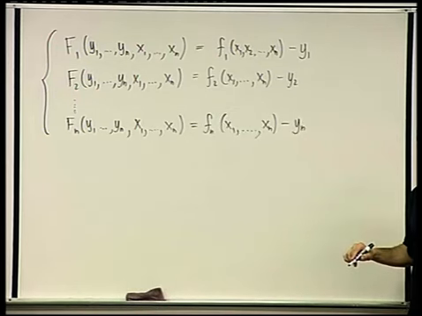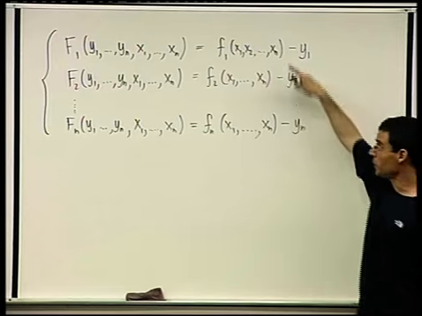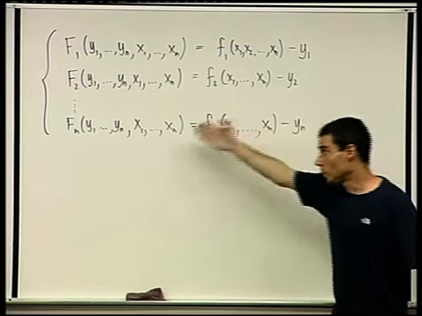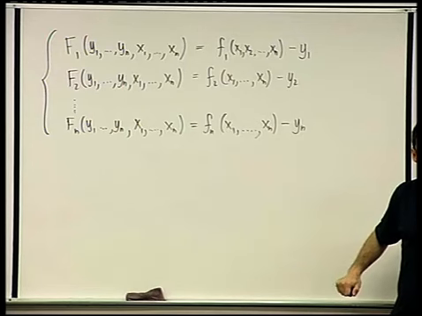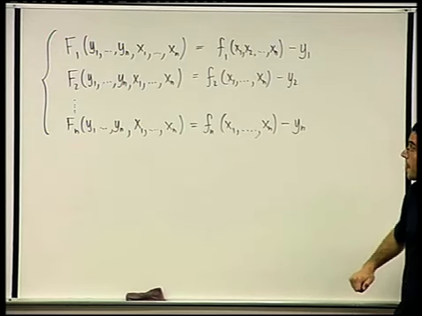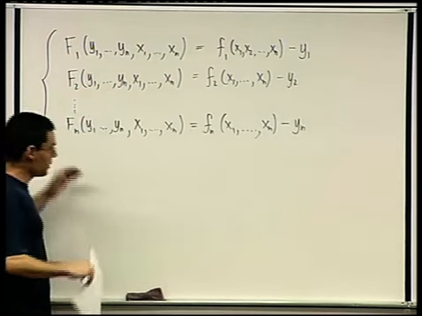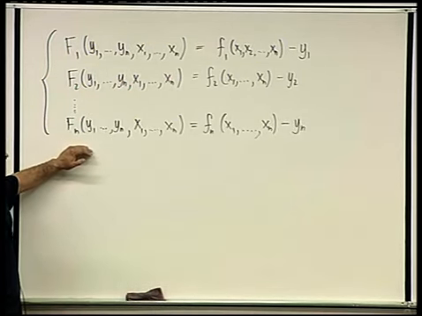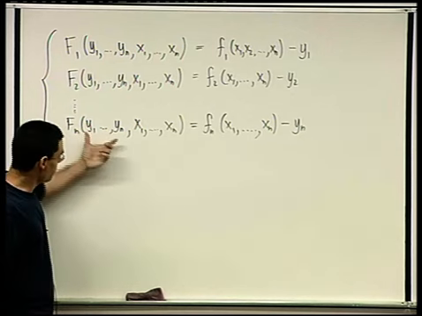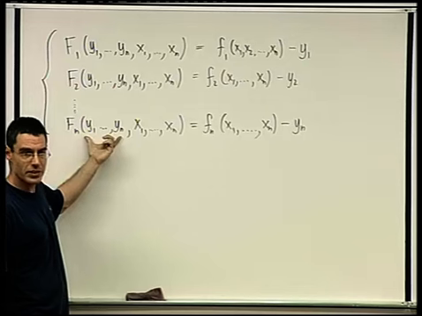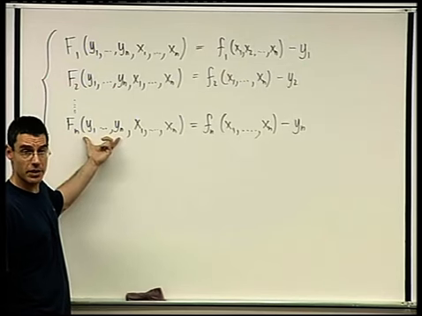Okay? Now, do you agree that since we know that these little f's are C1 functions, so are the big F's? Okay. Now, let's recall the implicit function theorem for systems of equations. In the implicit function theorem, we had the variables, which are here called y's, but those were called x's in that theorem.